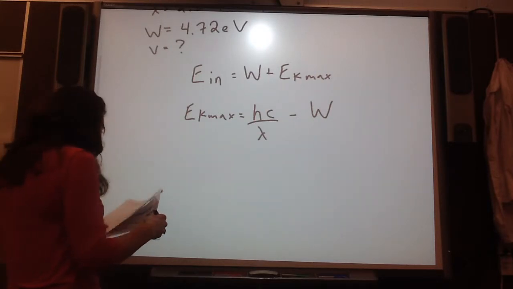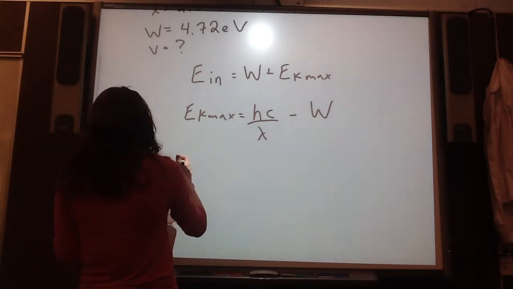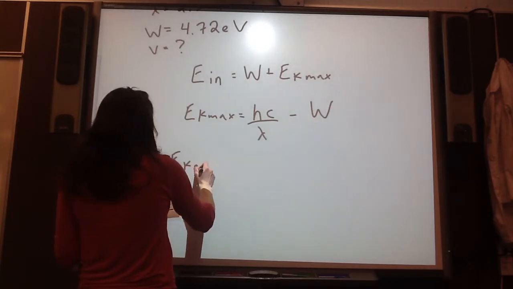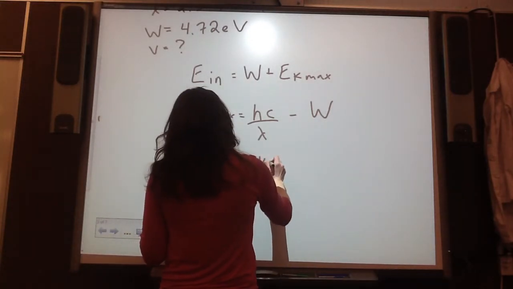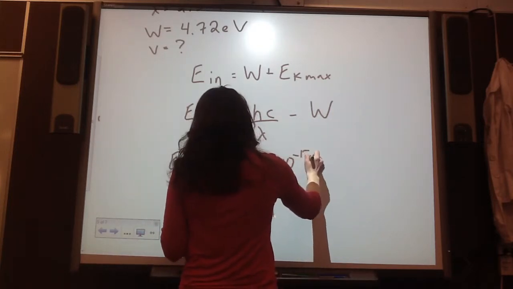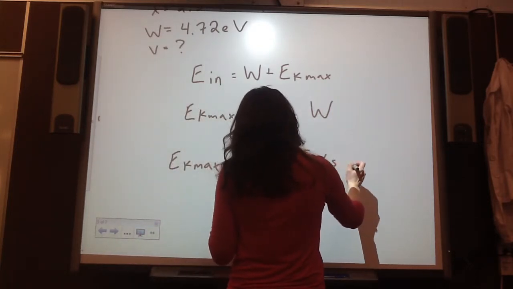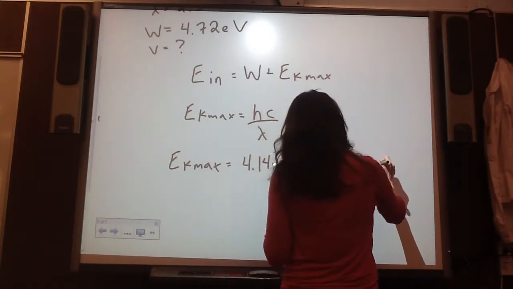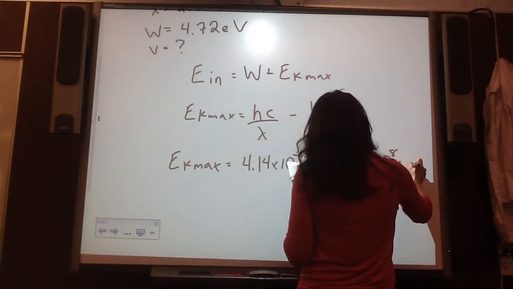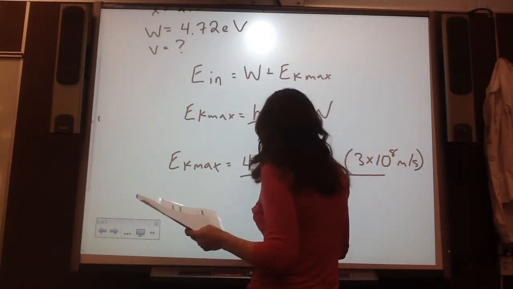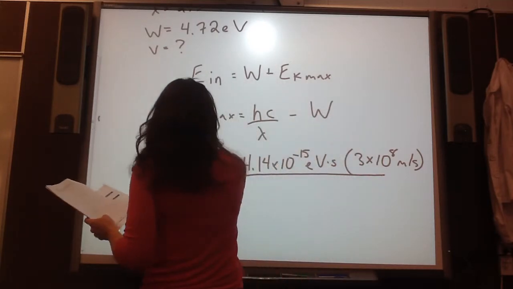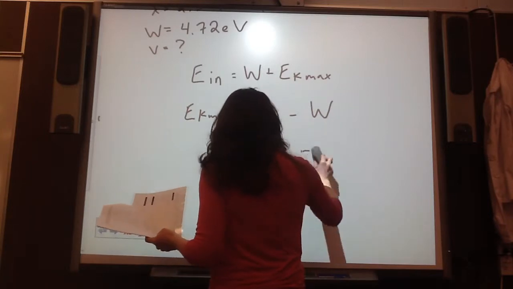So I'm just solving for EK max first to make it simpler, and then I'll do the speed calculation after. Oops. I didn't leave enough space.